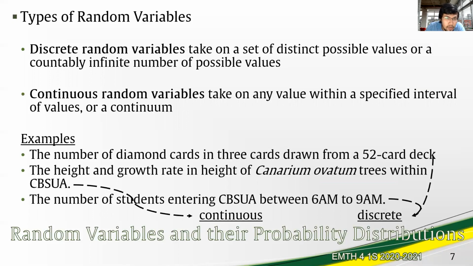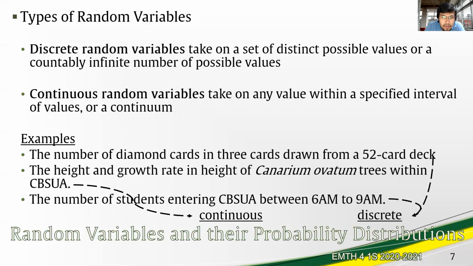For the height and growth rate in height of the trees, or plants or seedlings, this is Canarium ovatum, the scientific name of such, in the premises of CBSUA. You have the values of those as continuous, and so you have a continuous random variable.